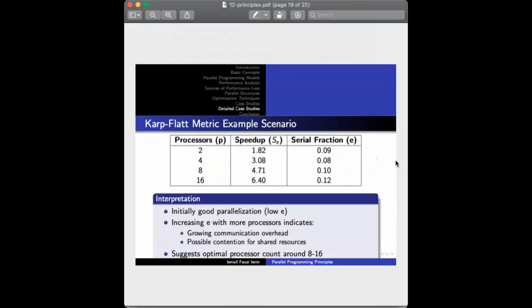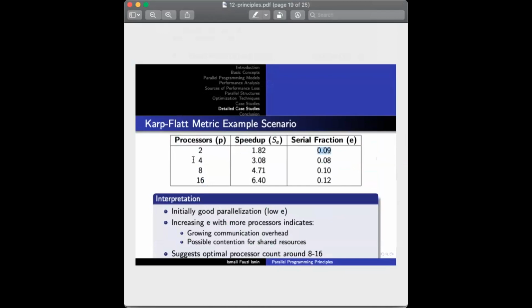Let's evaluate a real world scenario by applying the Karp-Flatt metric to actual performance data. Look closely at the data columns on this slide. Running on two processors, we achieve a speedup of 1.82, which corresponds to an experimentally determined serial fraction e of 0.09.